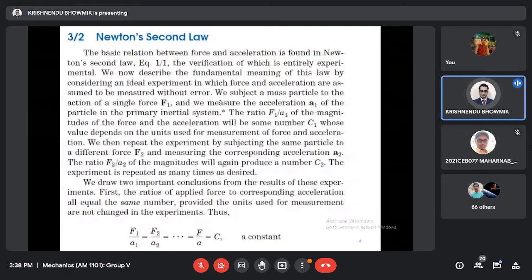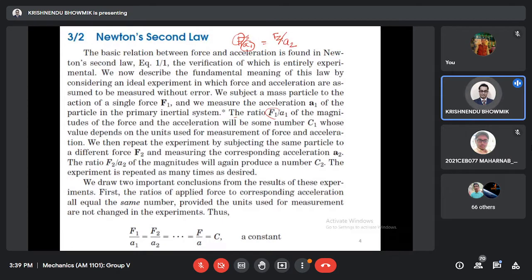Newton's second law says that when we are dealing with some force and it is producing some acceleration, for example, then there will be some ratio, like F1 by A1. For one unbalanced force F1, acceleration is say A1. Another unbalanced force F2, acceleration say A2.